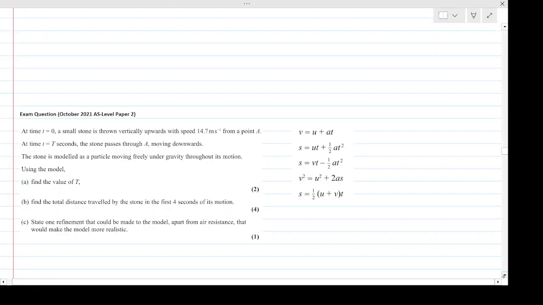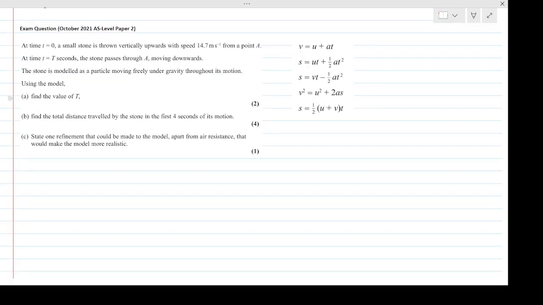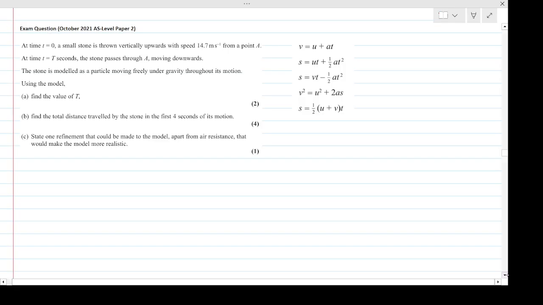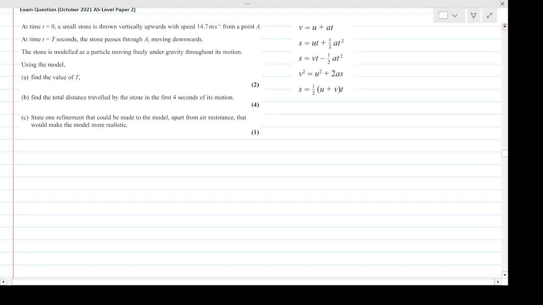Let's have a look at this question here. We are told that at time t equals 0, a small stone is thrown vertically upwards with speed 14.7 from a point A, and then at time T seconds, the stone passes through A moving downwards. So let's again sketch what's going on. We're at a point A here.